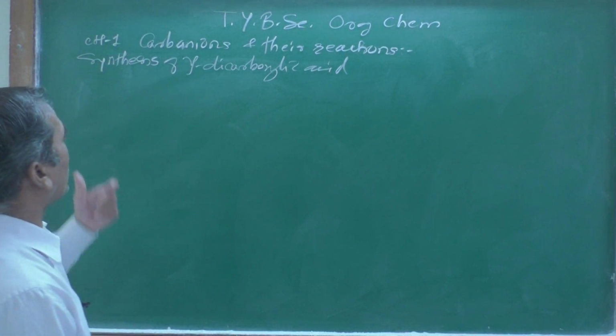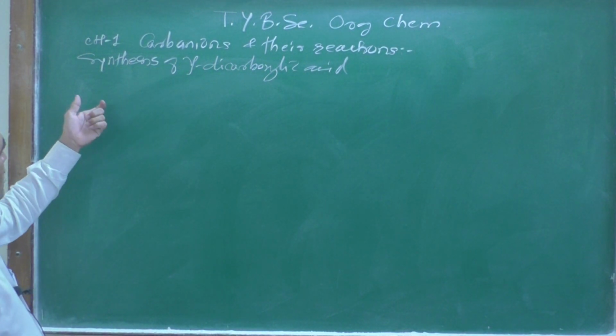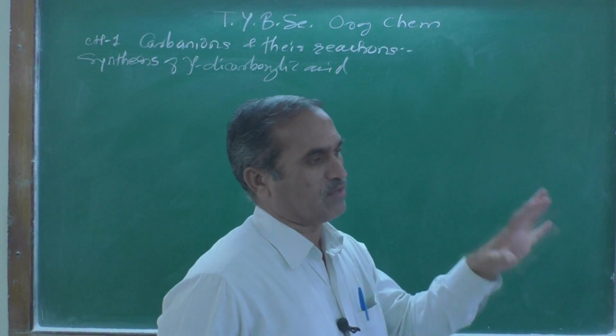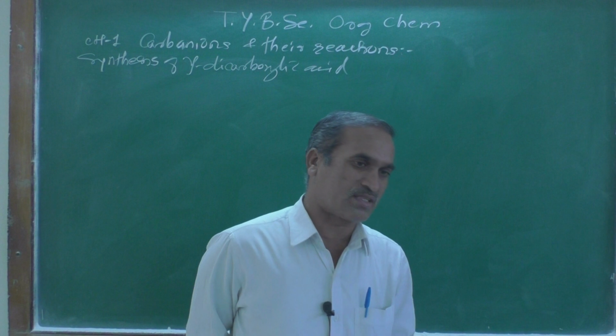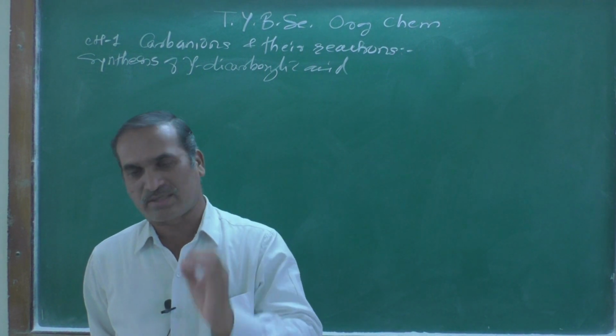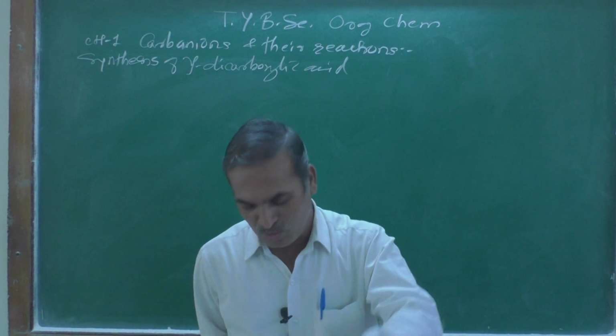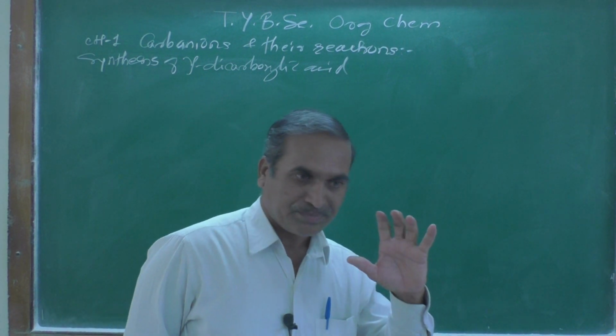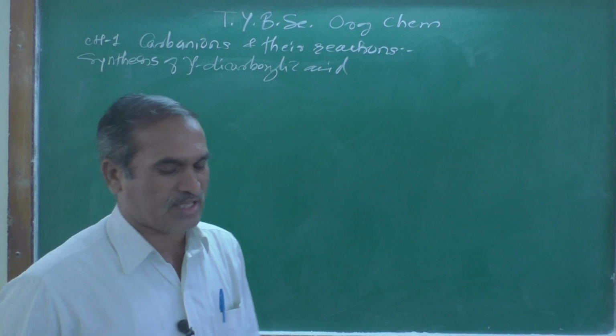Let us look at the blackboard. What is the synthesis of gamma dicarboxylic acid? So far we have synthesized monocarboxylic acids, alpha substituted monocarboxylic acids.